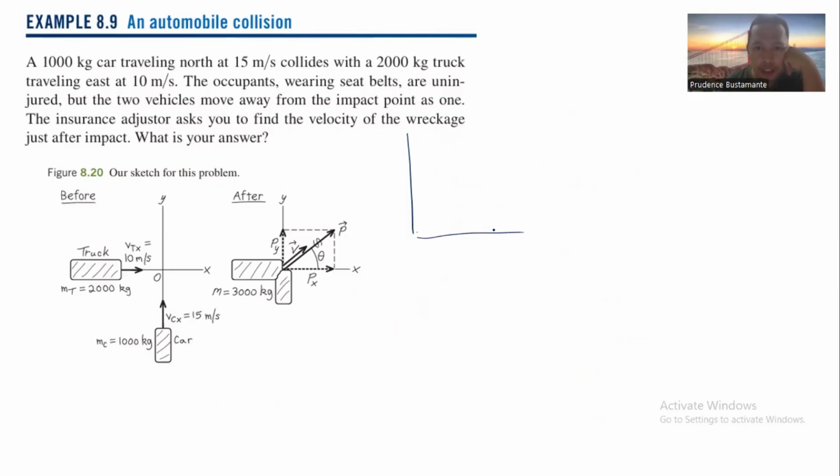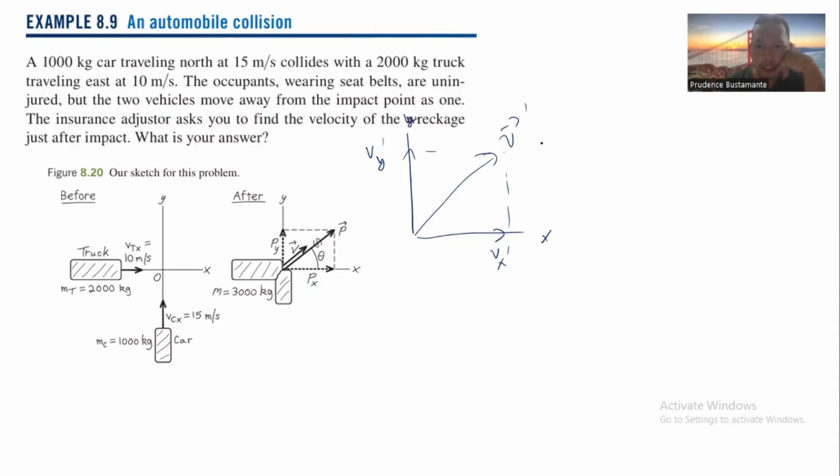Our Vx is positive and our Vy prime is also positive, so our velocity is in the second quadrant, just like in the picture. This is our velocity prime.